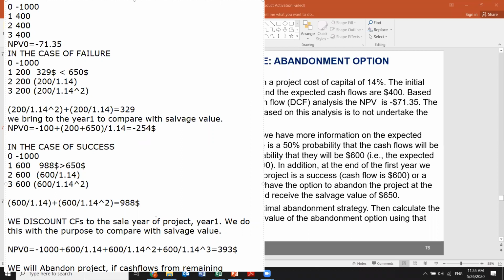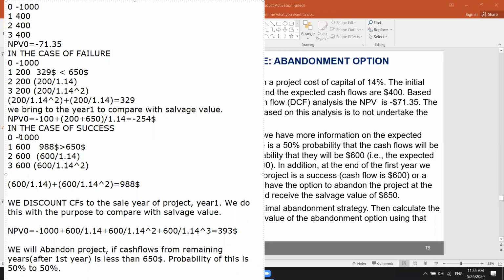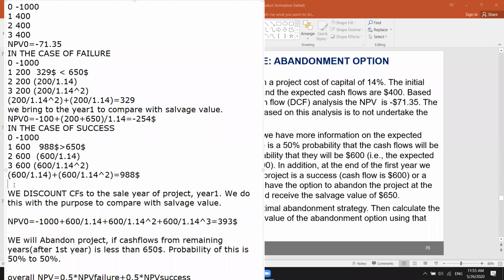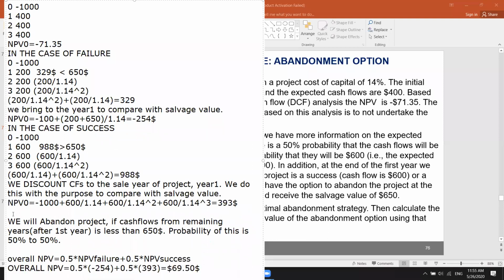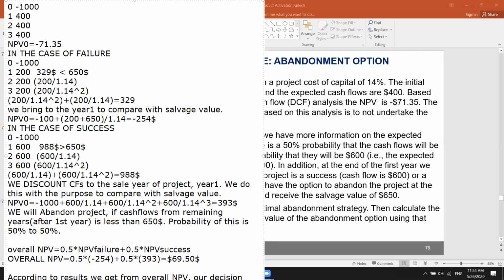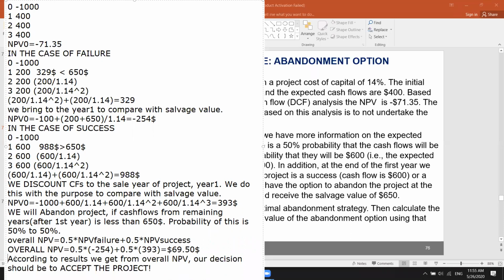Okay. Now, let me just make it like this so that I can see everything. Okay, copy.